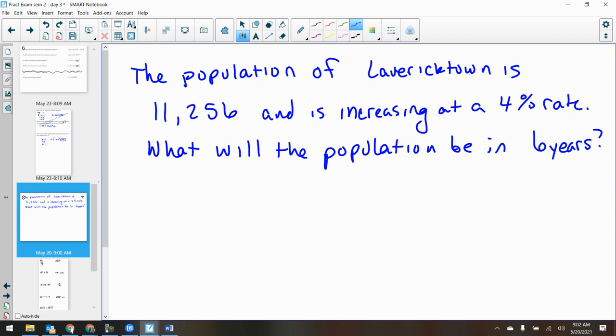So we can say that y is equal to little a, our original starting value, times 1 plus 0.04, raised to the 6th power. Don't say 0.4. That would be a 40% growth. I want a 4% growth.